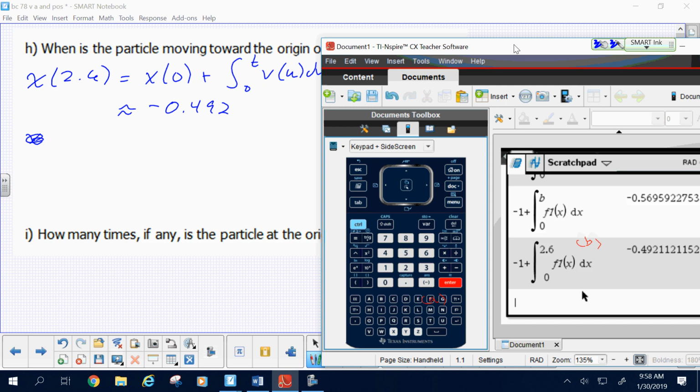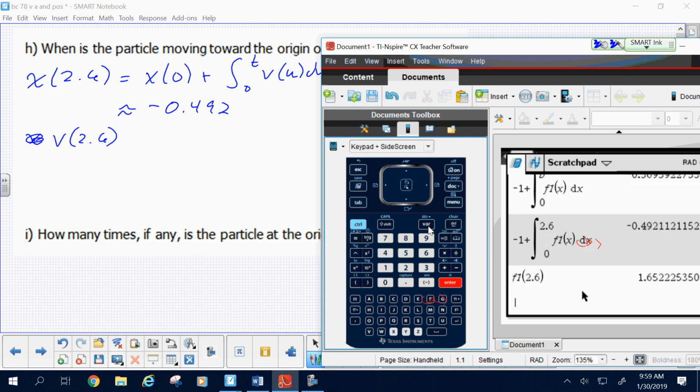What now do I need to calculate? Velocity at 2.6. Okay, how do I calculate velocity? Yeah, that's function 1. So just use the function F1, which is the velocity they gave us, at 2.6. I get 1.652.